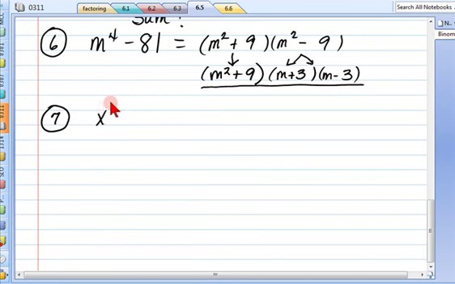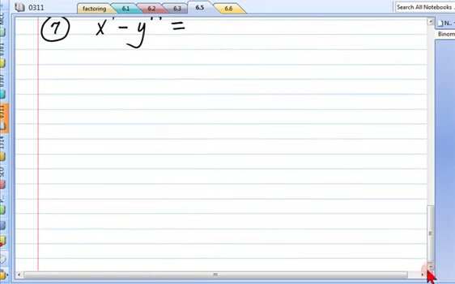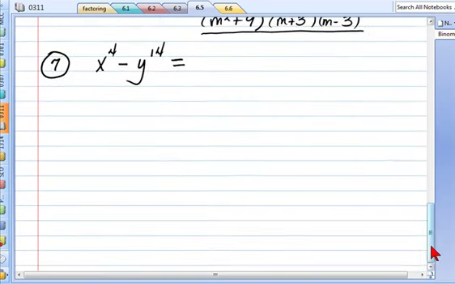What if I have x to the 4th minus y to the 14th? Is that the difference of squares? Yes. And how did you know that those were both perfect squares? They're both even. All right. So one of these will be plus and one will be minus.